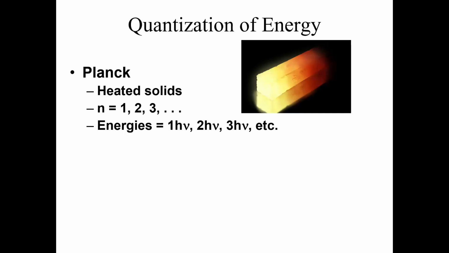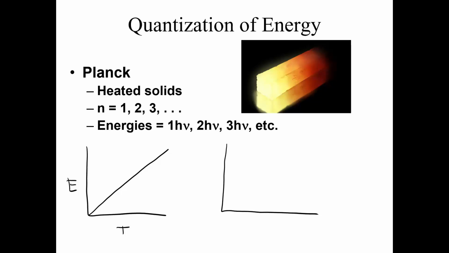And so if you take a piece of iron and you plot temperature versus energy, and I'm talking about thermal energy, right? What happens, obviously, as you heat up this item, it's going to pick up thermal energy, and you'll see a linear increase in energy. But if you do this for the energy of the electromagnetic spectrum that's given off, that's not what you see.